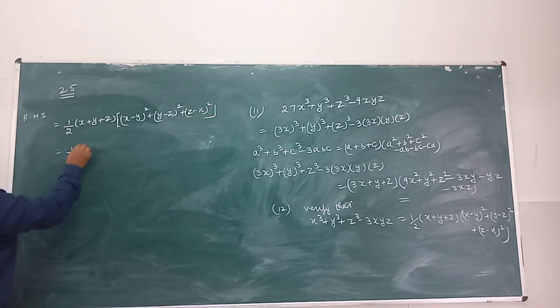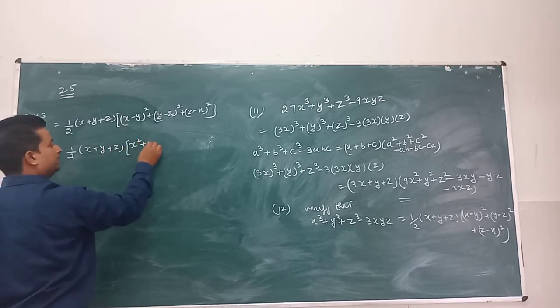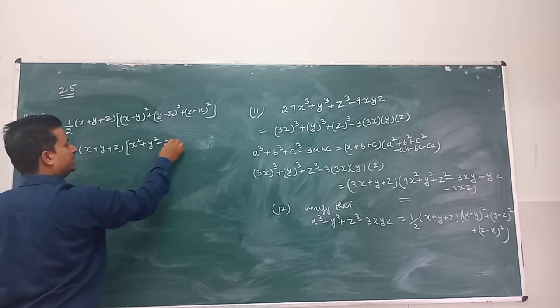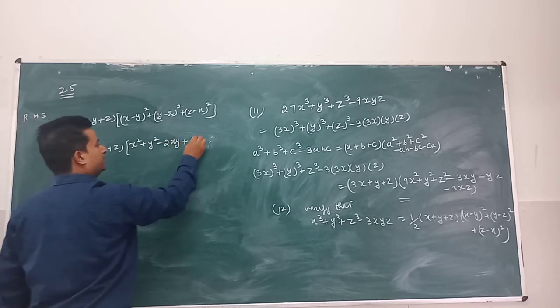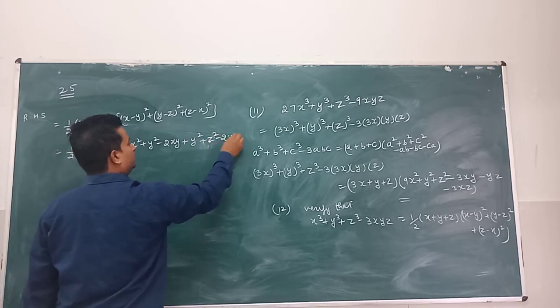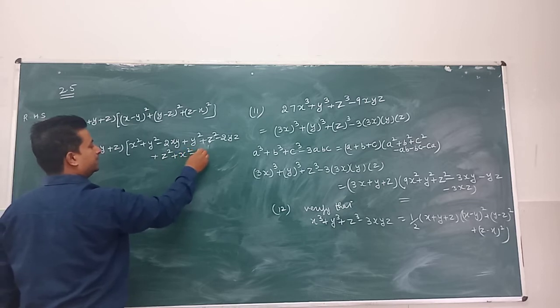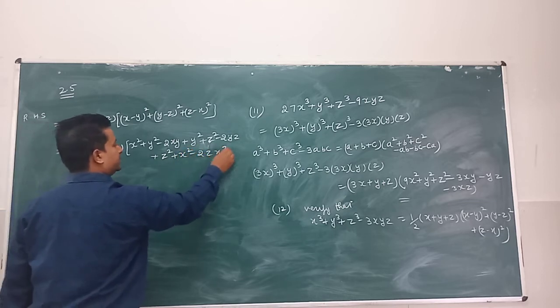So in this, first we open these identities. This is x square plus y square minus 2xy, this is y square plus z square minus 2yz, this is z square plus x square minus 2zx.